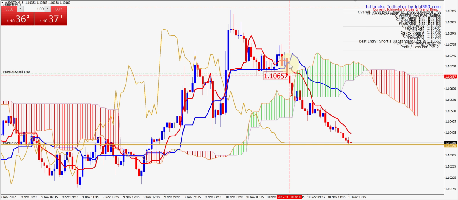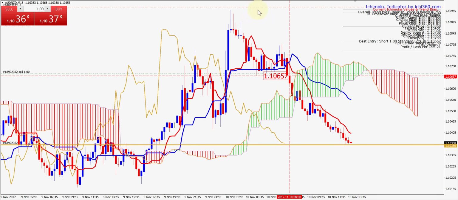So for example, this is our last sell signal. When the red line crosses down, it is a sell signal. When it crosses up, it's a buy signal. So we had our last signal at this crossover here, and we had one sell position at 1.10657.